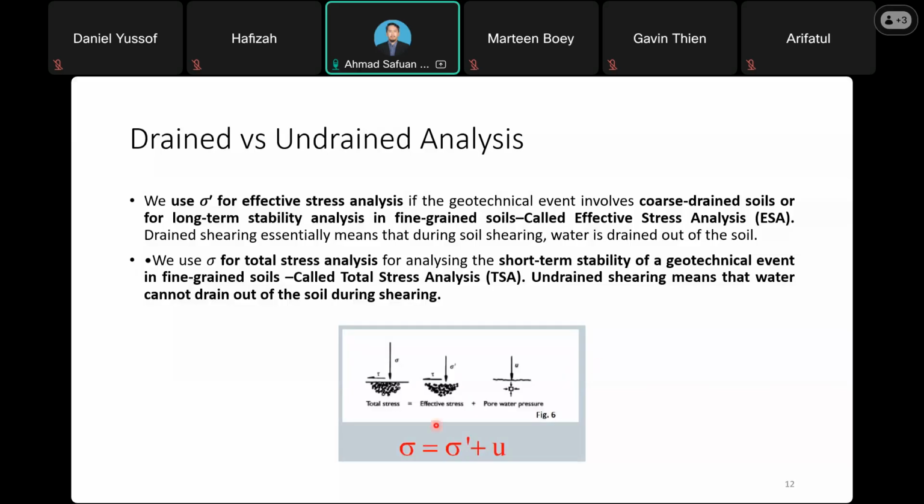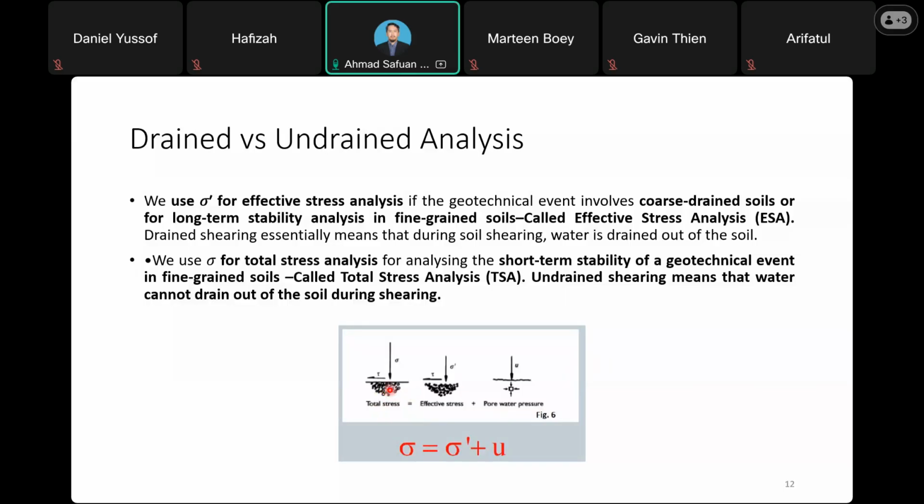So the total stress sigma is equal to the effective stress plus the pore water pressure. This is the total stress, which includes the stress acting on the soil fabric, and at the same time the stress from the pore water pressure.